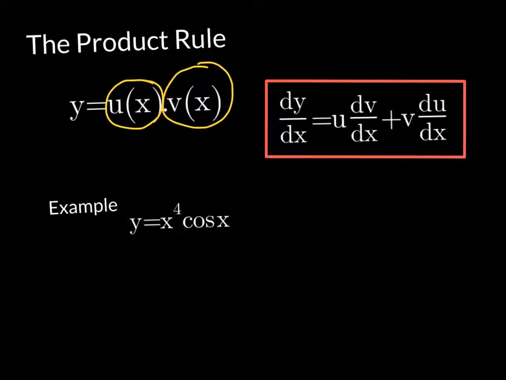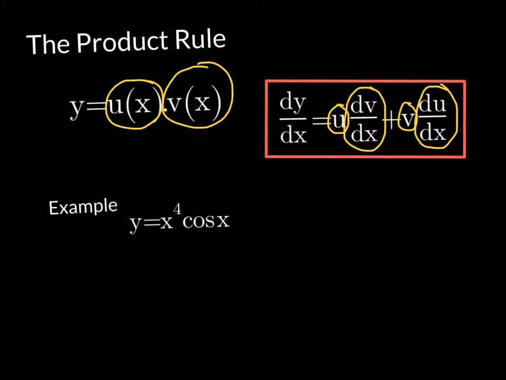Okay, so the differential of y with respect to x, dy by dx, would be equal to the first function u multiplied by the differential of the second function with respect to x, dv by dx, plus the second function v multiplied by the differential of the first function with respect to x, du by dx.